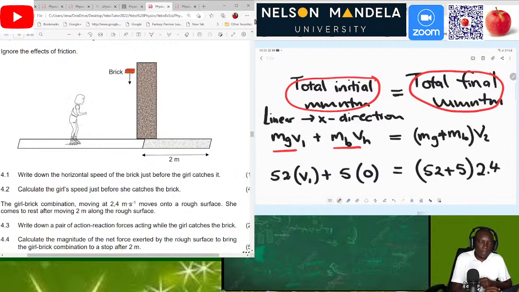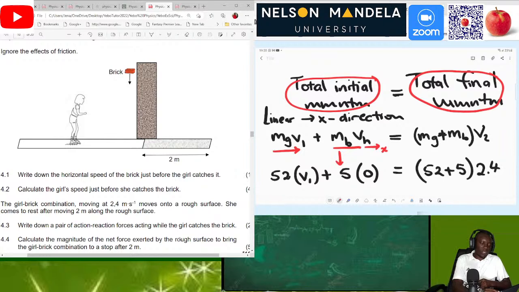So if we are to add them, we add them with their respective directions. So we cannot add something in the x with something in the y. We have to consider linear momentum, something in the x with the horizontal velocity which is in the x.